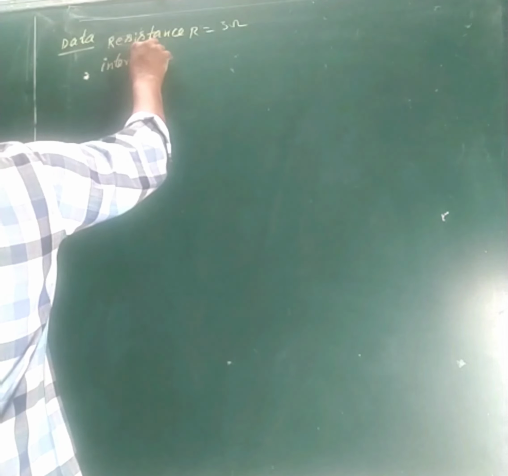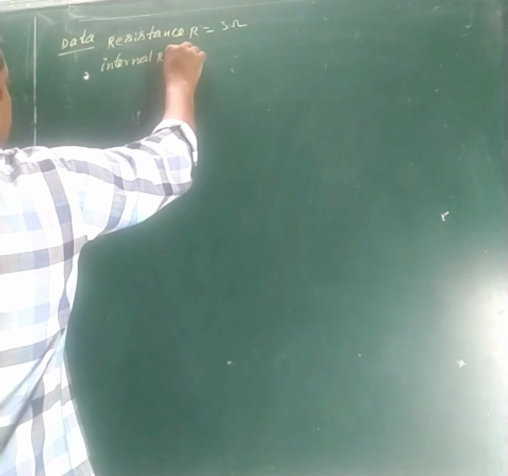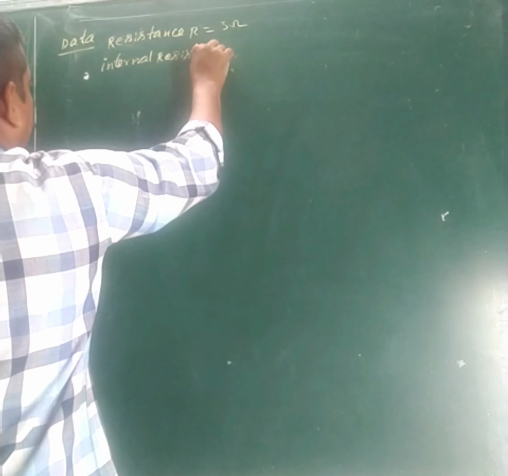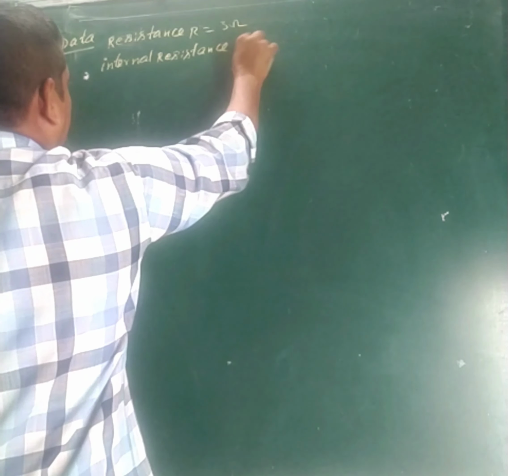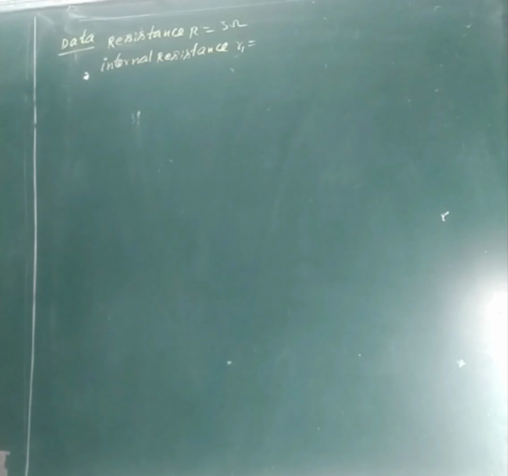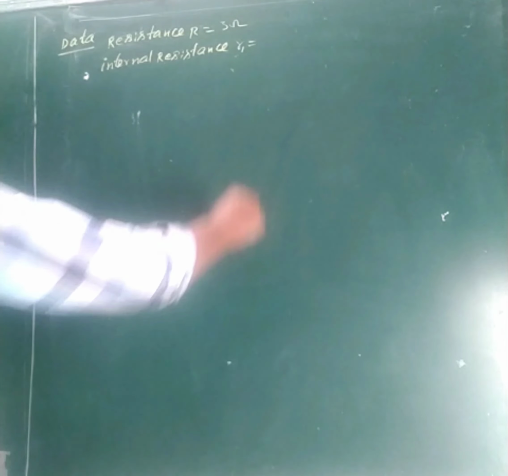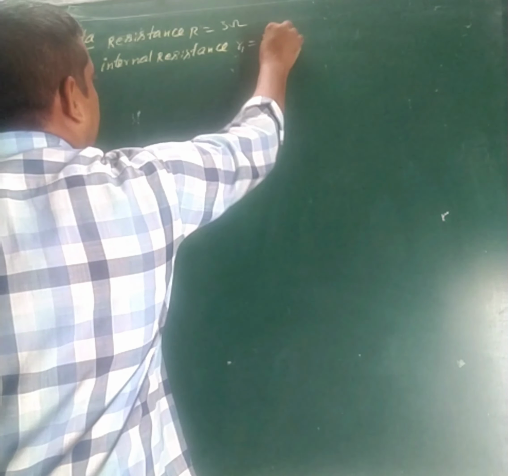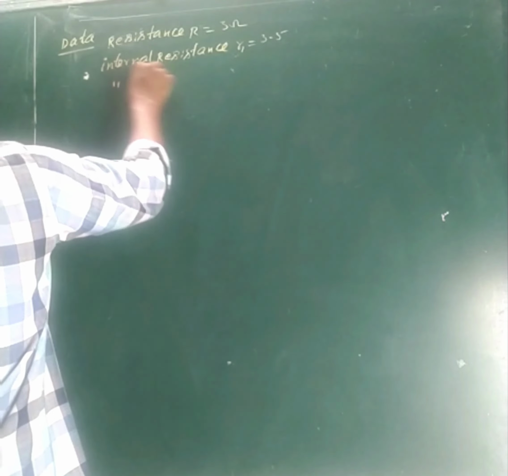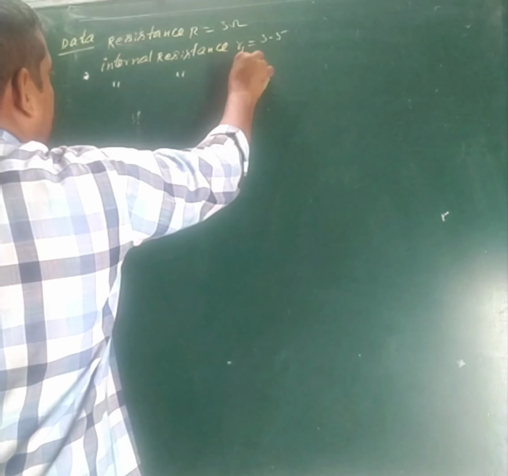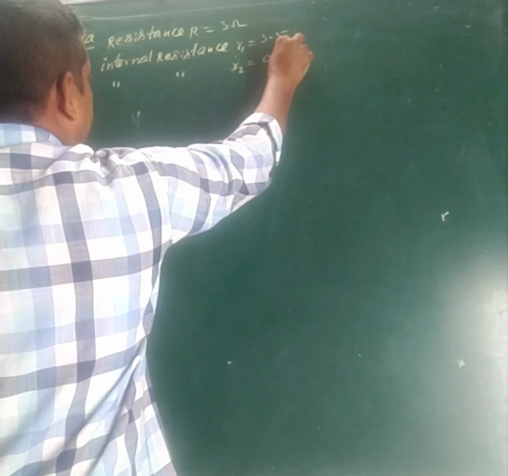Internal resistance r1 is equivalent to 3.5. Again internal resistance r2, 0.5 given.